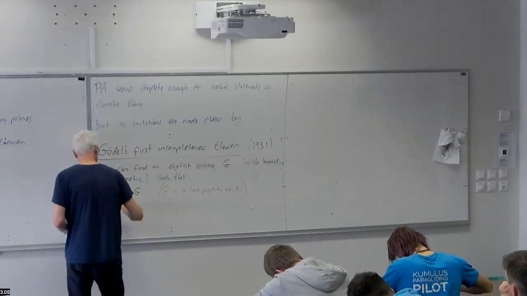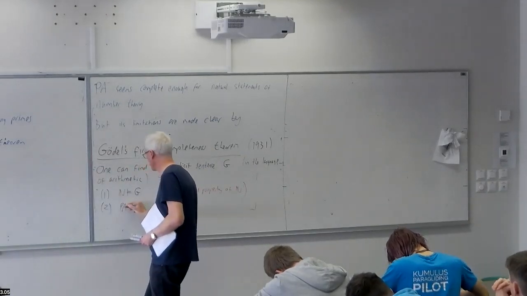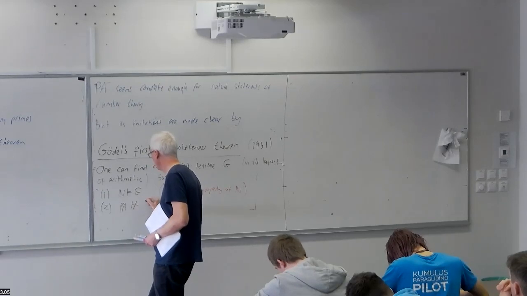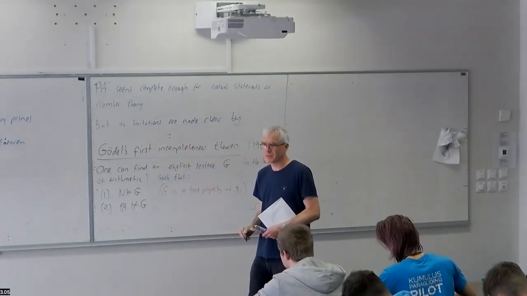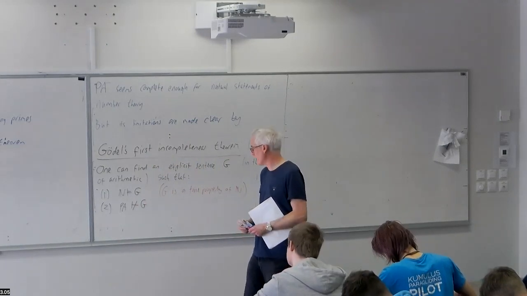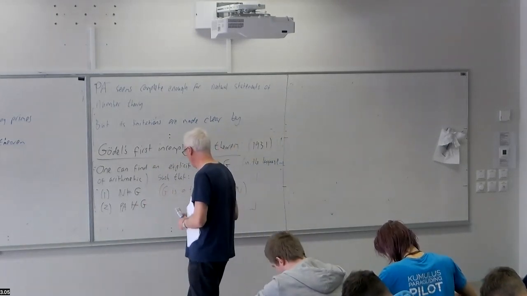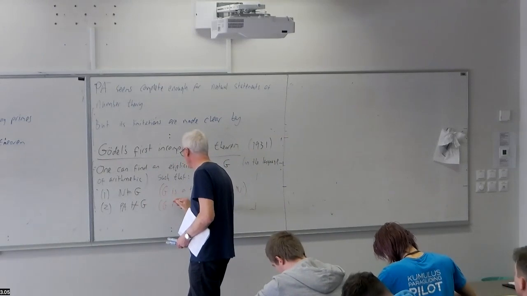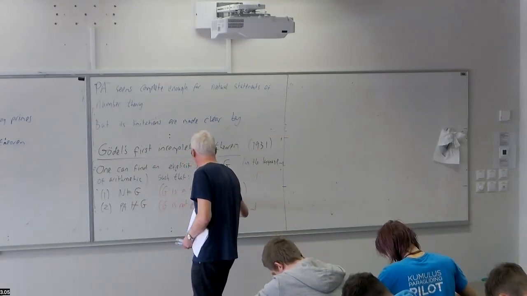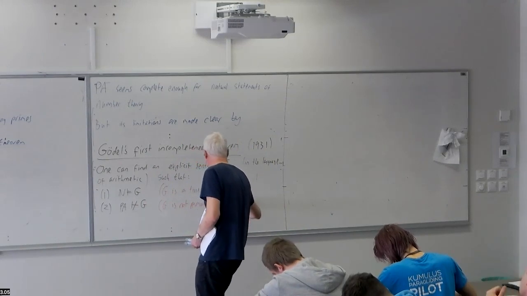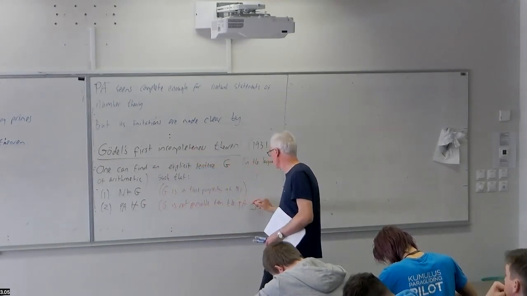But secondly, we can actually prove that it's impossible to prove it from Peano arithmetic. It does not follow from the Peano arithmetic axioms. So G is not provable from the PA axioms.